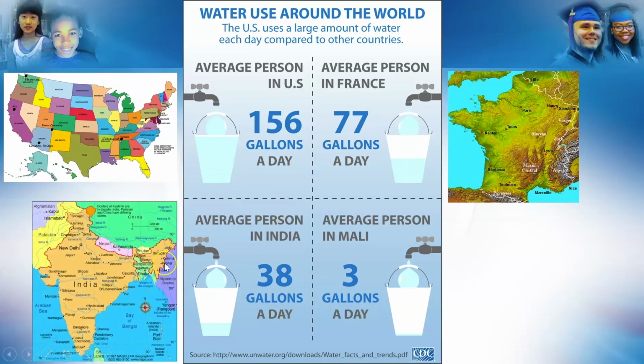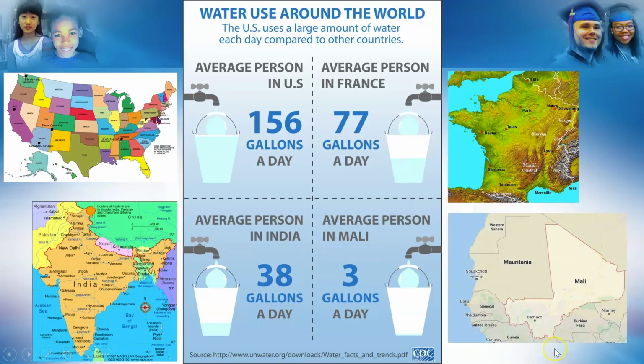In India, which is a country in Southeast Asia, people on average use 38 gallons of water a day. And lastly, in Mali, which is a country in Western Africa, people generally use around 3 gallons of water a day.